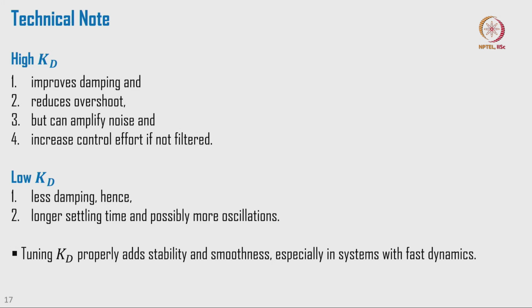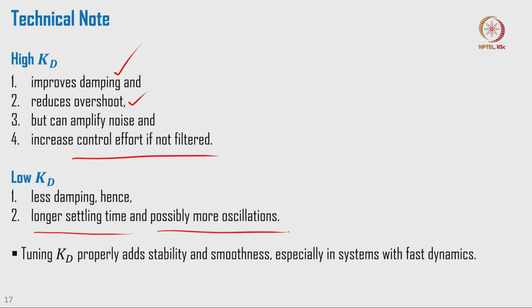To summarize, when we have high Kd, it improves damping. When it improves damping, naturally it reduces the overshoot, but it is sensitive to noise. So, it can amplify noise and increase control effort if not filtered. However, when Kd is low, there will be less damping. Less damping means there will be more overshoot, longer settling time, and possibly more oscillations.